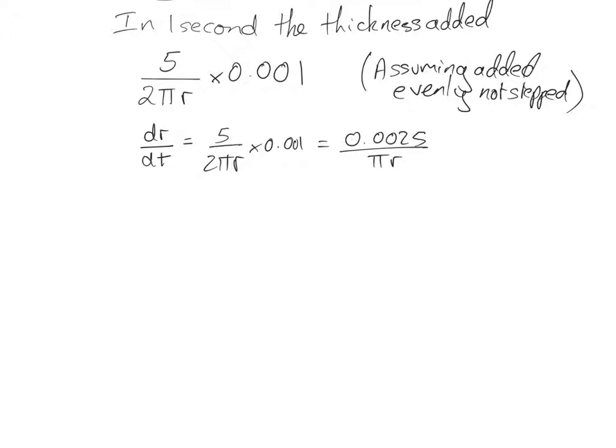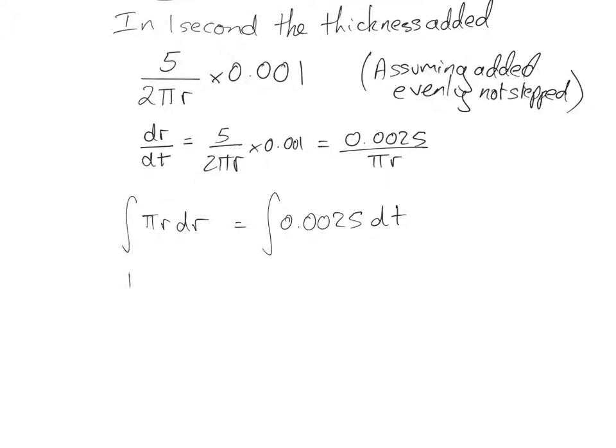So what we're going to do is we're going to separate the variables. So we've got pi r dr equals 0.0025 dt. We're going to integrate.